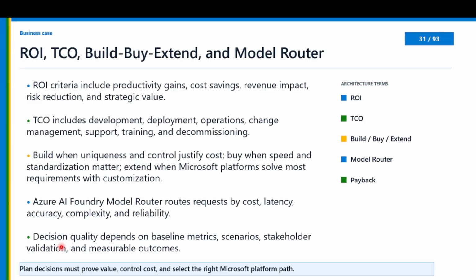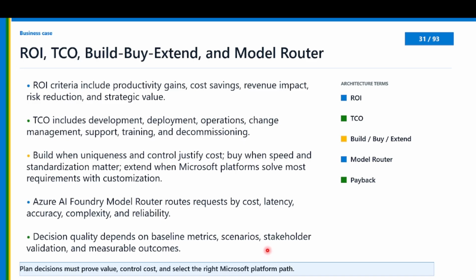Also know that decision quality depends on baseline metrics, scenarios, stakeholder validation, and measurable outcomes. So plan decisions that must prove value, cost control, and select the right Microsoft platform path. This is very, very important. Select the right agent for the right task: use a simple agent for a simple task and a complex agent for a complex task.